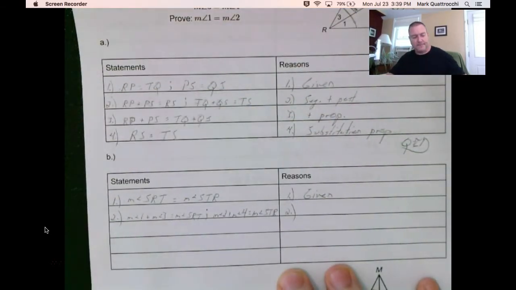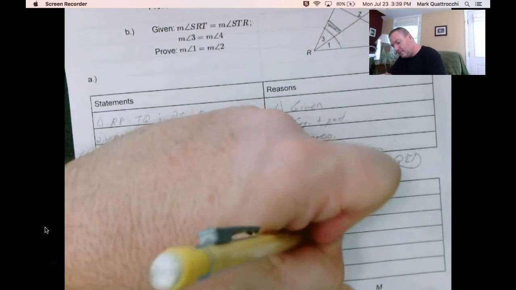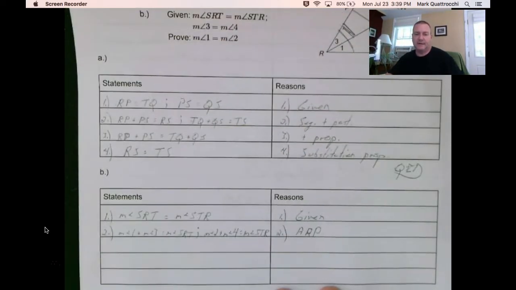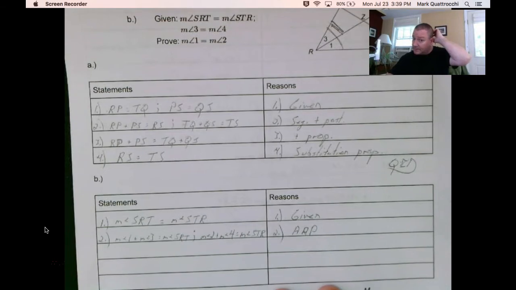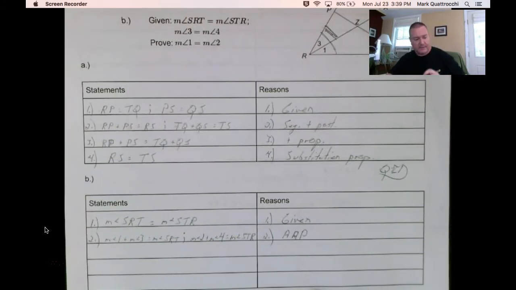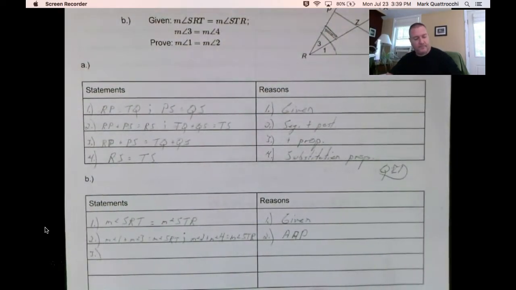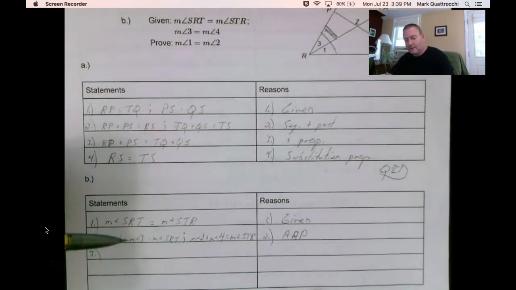How do I know that? The angle addition postulate. It tells me that those add up to be the bigger ones. All right, statement 3. Instead of writing the measure of angle SRT here, I'm going to write the measure of angle 1 plus the measure of angle 3.